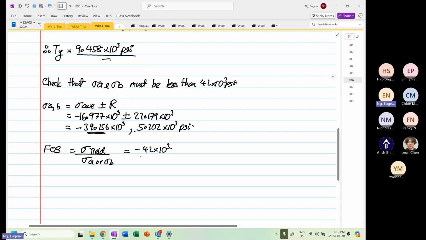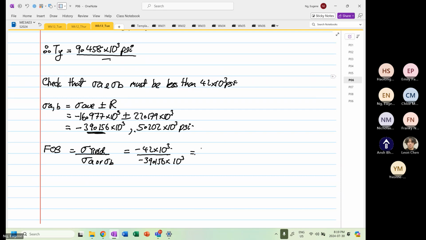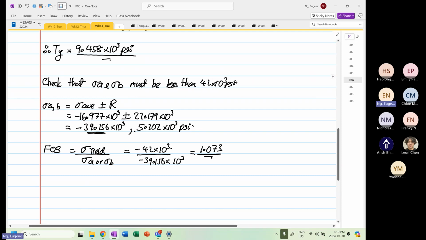Then you divide by minus 39.156 times 10 to the power 3. So the factor of safety is equal to 1.073. So the structure will not yield at all. This is the procedure of solving problems with either Tresca or von Mises.